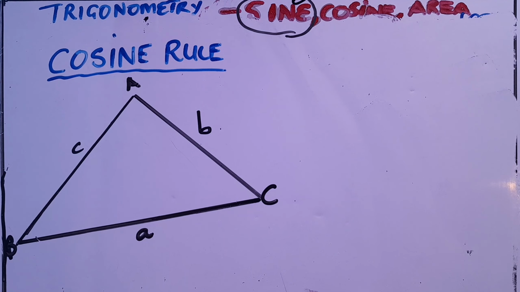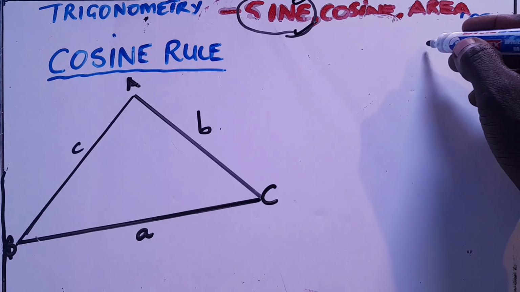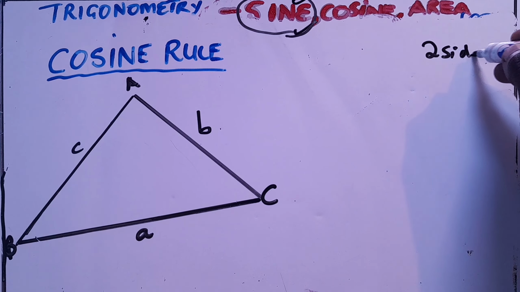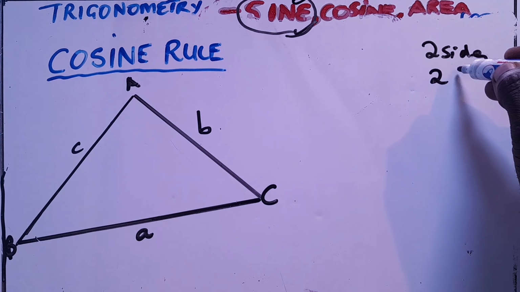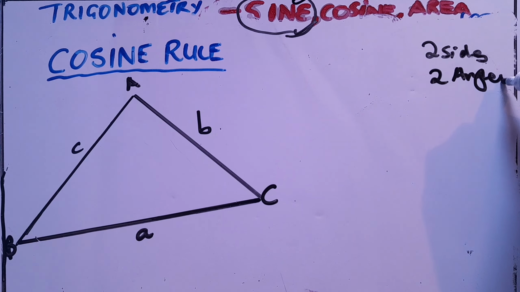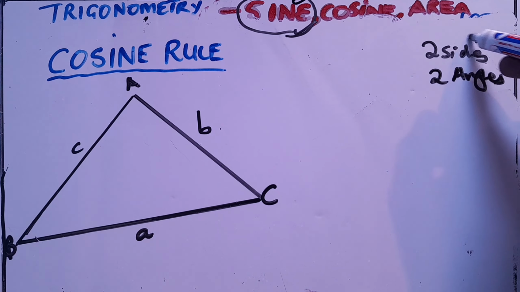Okay guys, welcome back. So now we are going to deal with cosine rule. We have dealt with sine rule already, where sine rule needed two sides and two angles, so one of these was the unknown.